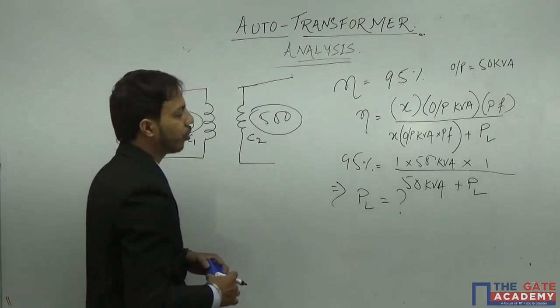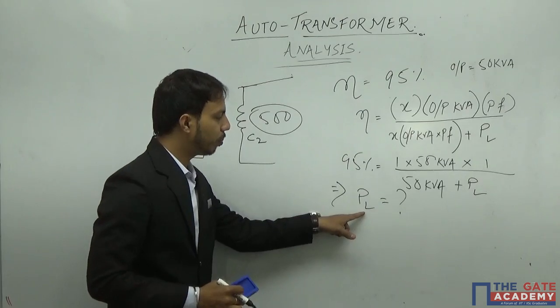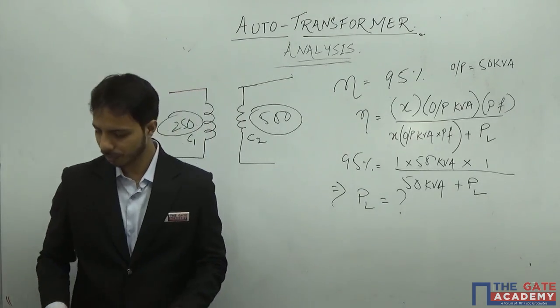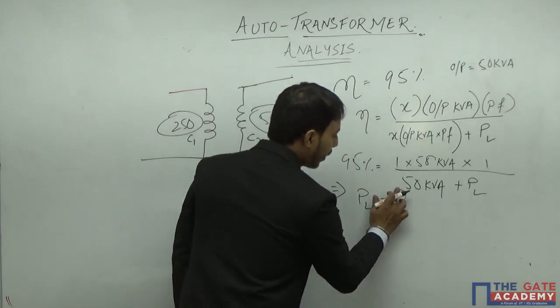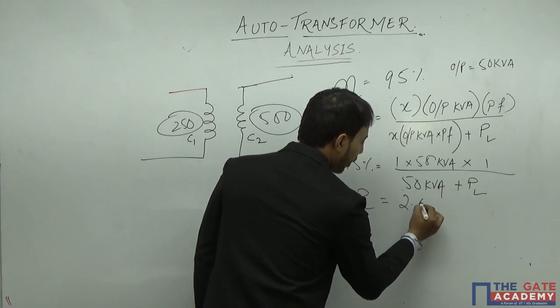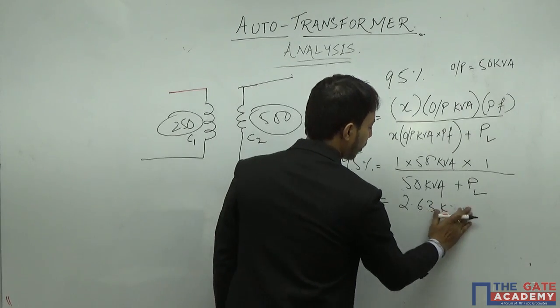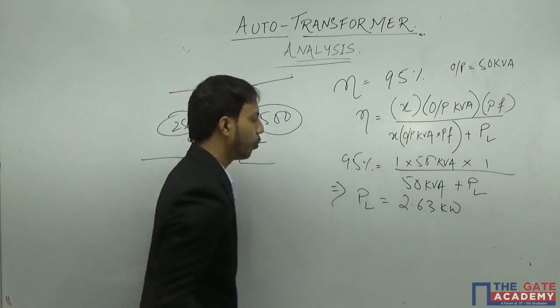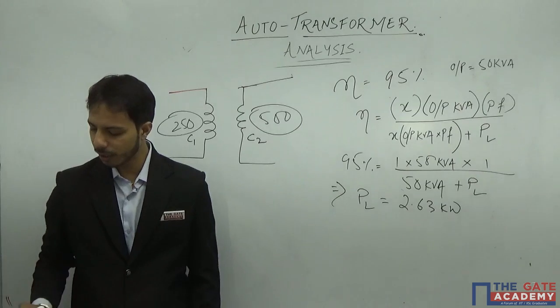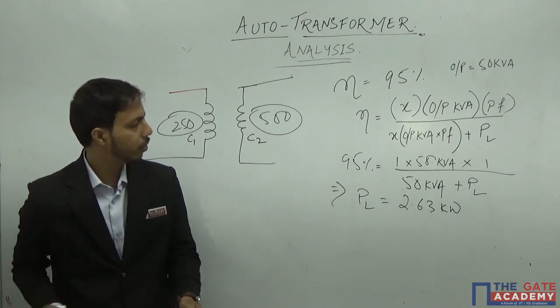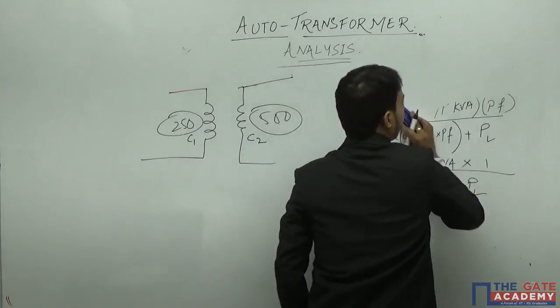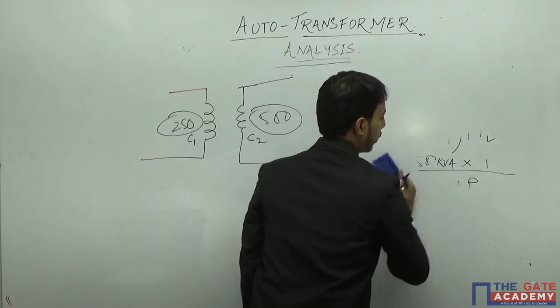Let me first of all find out the PL here. If I calculate the PL, I'll find that it is 2.63 kilowatt. Very good. So power loss is 2.63 kilowatt. So let me write it down somewhere. Let me reconfigure it again.